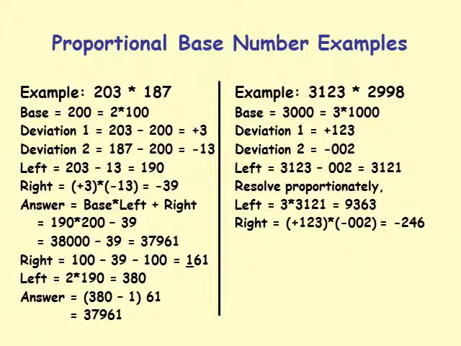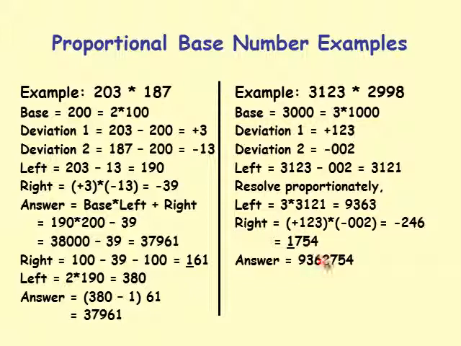On the right, 123 times minus 002 is minus 246, which after resolving the negatives, adding 1000 and subtracting 1000, gives me minus 1000 plus 754. One negative gets carried to the left, becoming 9362, and 754 from the right.